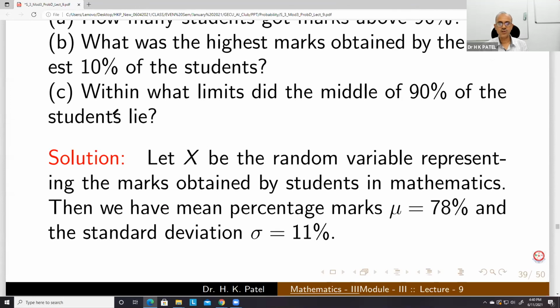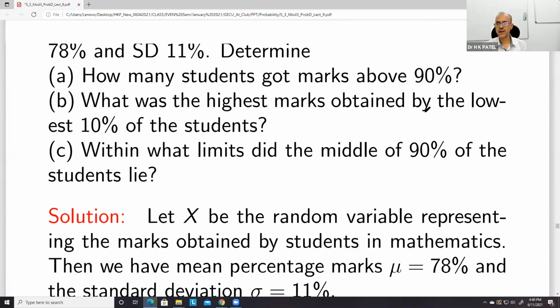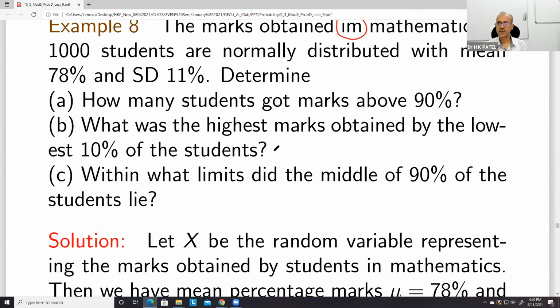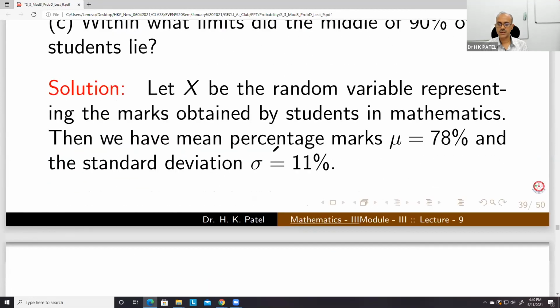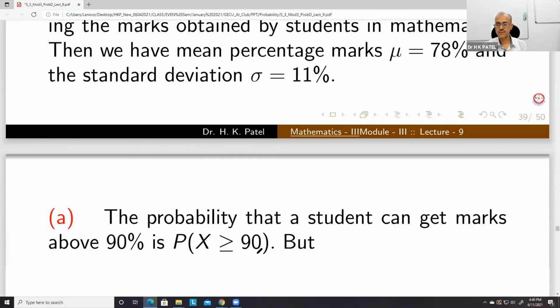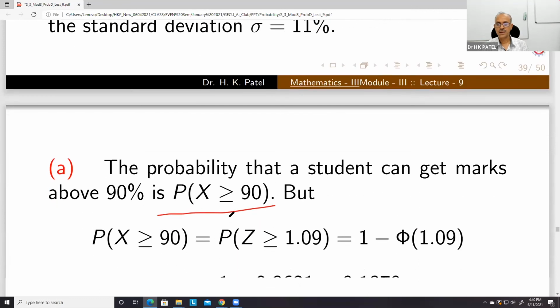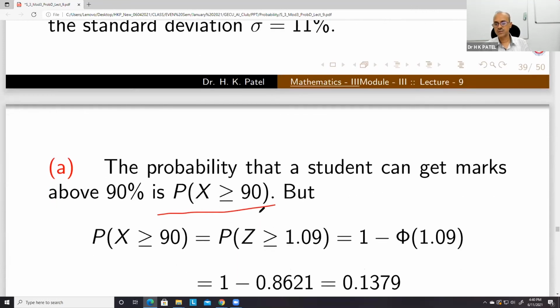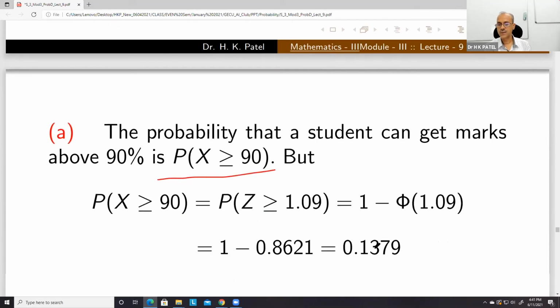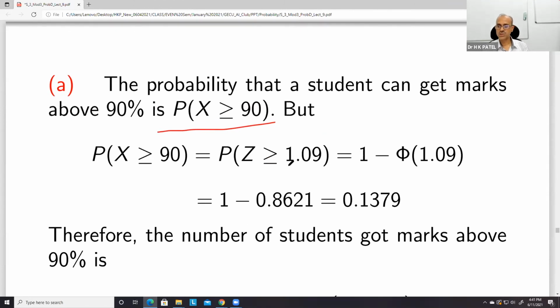First, how many students got marks above 90%. For this you have to see x greater than or equal to 90, and then find the z value corresponding to 90. This is 1.09.